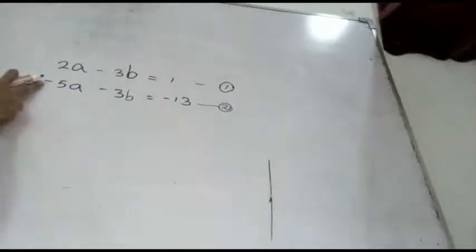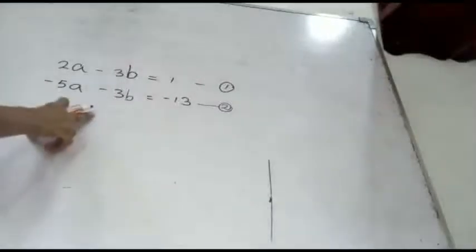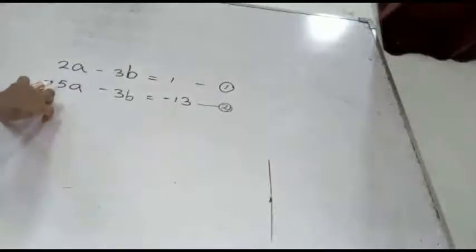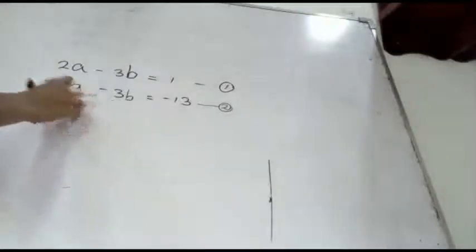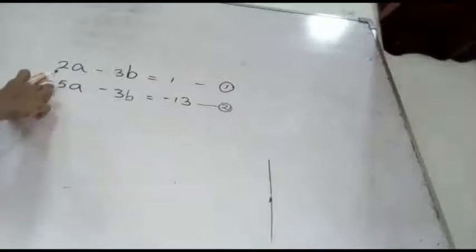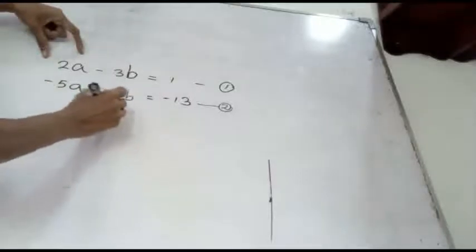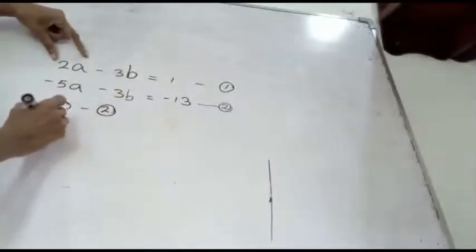Here this sign is negative. By subtracting, the signs of the second equation are changed. We subtract the second equation from the first equation.